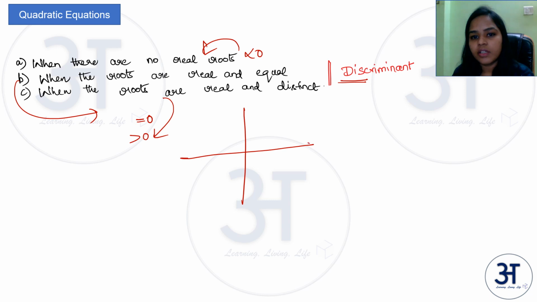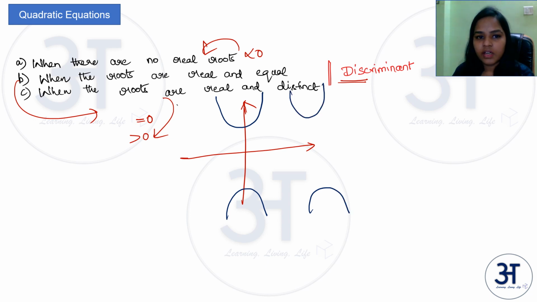The same thing you can get from the graphs also without calculating the discriminant. If you are comfortable with drawing graphs quickly, what you can get is, if a parabola is like this or like this or like this anywhere, and it is not cutting the x-axis at any place, this means there are no real roots.